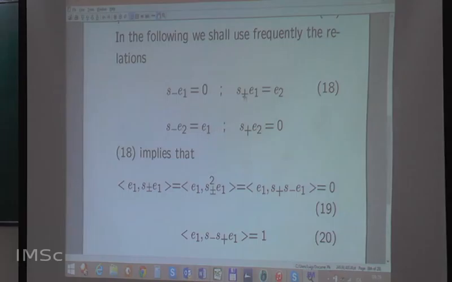Conversely, S plus raises the vector, so that is why they are called in physics raising and lowering. And you will see that in the central limit theorem, the intuition is that these are the Bernoulli analog of the creation and annihilation operators. And you will see that this intuition becomes a mathematical theorem in the limit. This is what I want to show in my talk today.